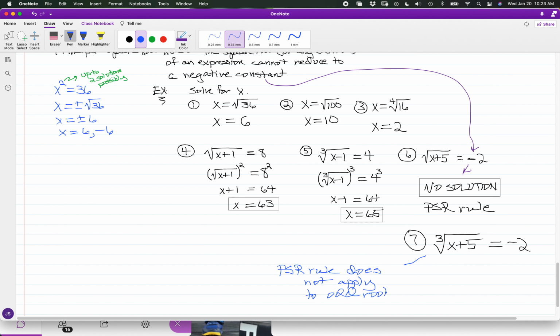Okay, so odd root radicals are not restricted by the principal square root, just as the square root or fourth root radicals or any other even root radicals would be.